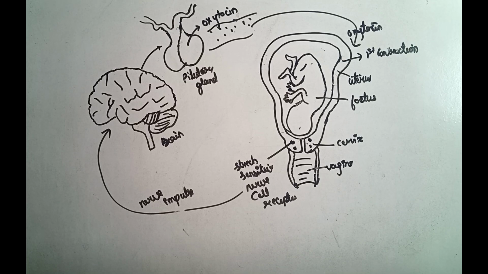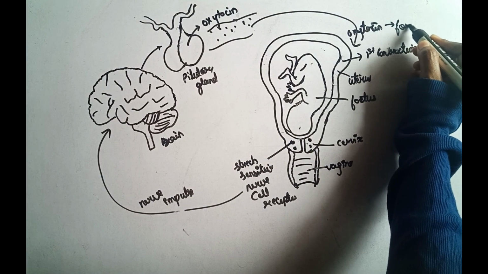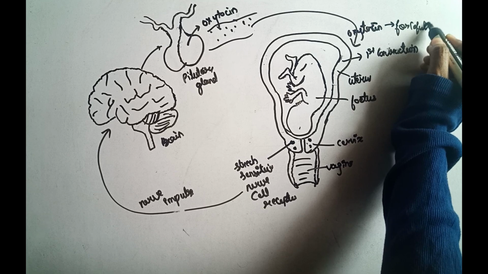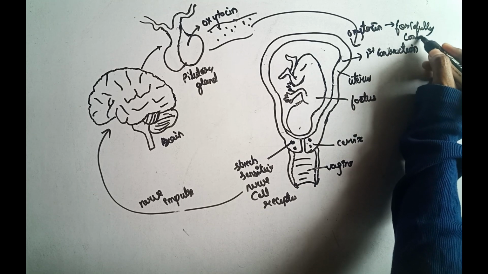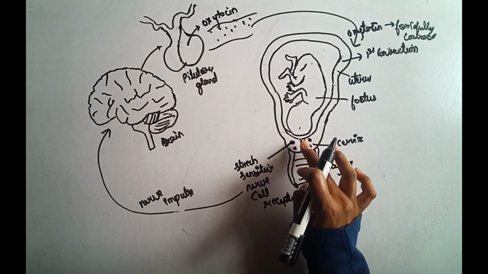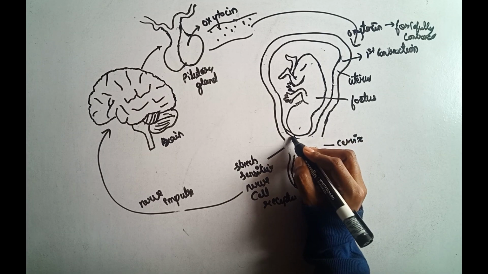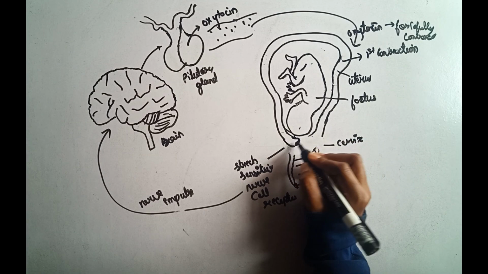Okay, what is the work of the muscles of the uterus? Their work is forceful contraction in the walls of the uterus. So what happens, the cervix is stretched more. This is the cervix, and the cervix is stretched more.